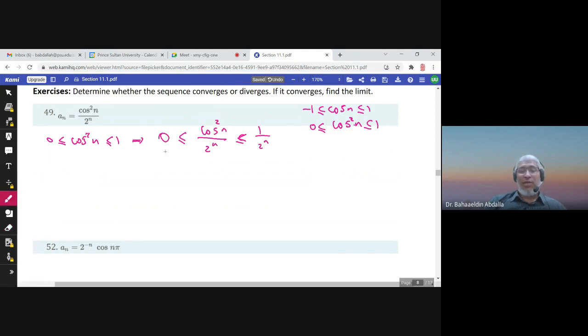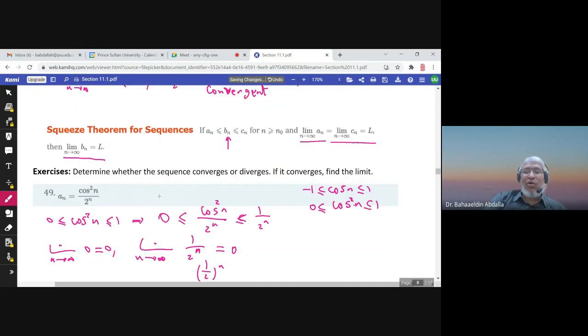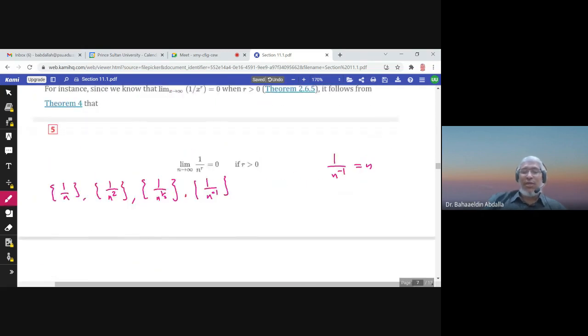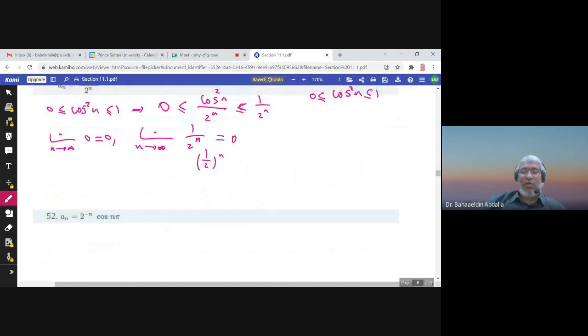So the limit of 0 when n approaches infinity is 0. And the limit of 1 over 2 to the power n when n approaches infinity is also 0, because 2 to the power infinity is infinity, and 1 over infinity is 0.